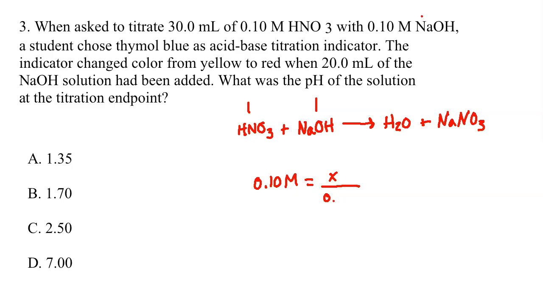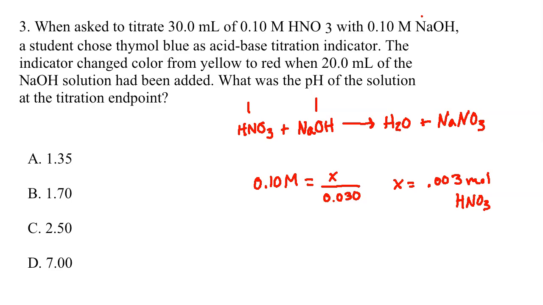Now, it gives us 30 milliliters. We're going to convert that to liters. And when you do that, you just multiply 0.1 times 0.03, and you're going to find that X, and in this case we're dealing with HNO3, is 0.003 moles of HNO3.